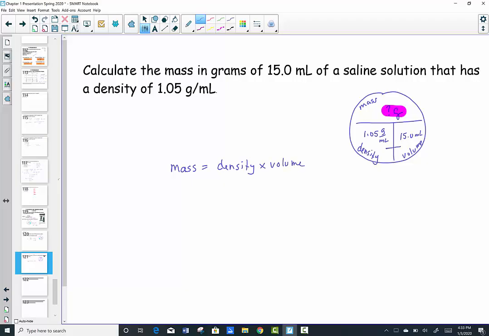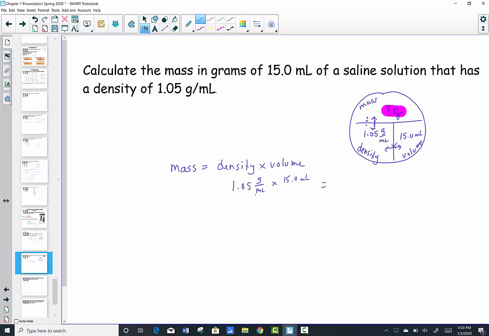So I'm reading straight across. If they're across from each other, that means times. If they're on top and bottom from each other, of course, that means divide by. That's how we're reading this chart. So the density of 1.05 grams per mil times 15.0 mils.